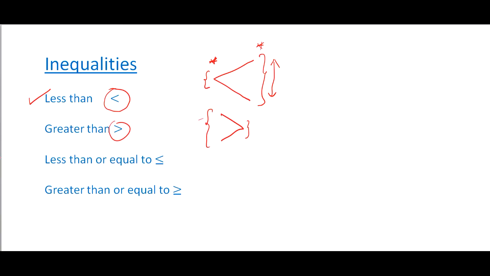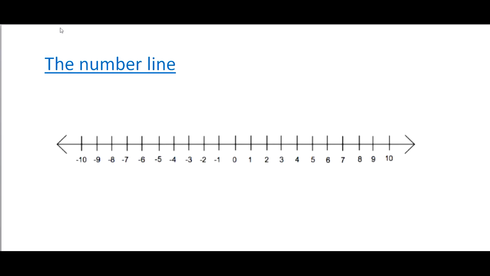Now, whenever we are dealing with inequalities, we are usually looking at a range of values. And any linear inequality can be represented on a number line. On a number line, we usually have the 0 point, and we have values to the right.